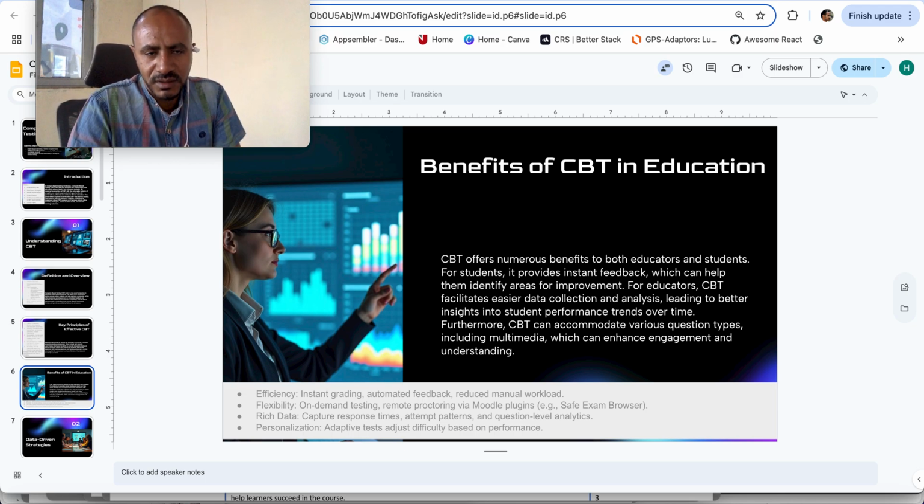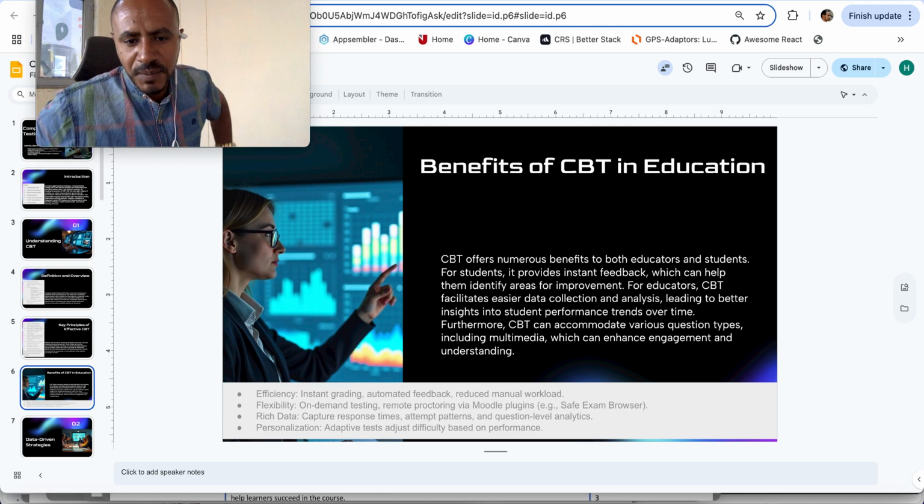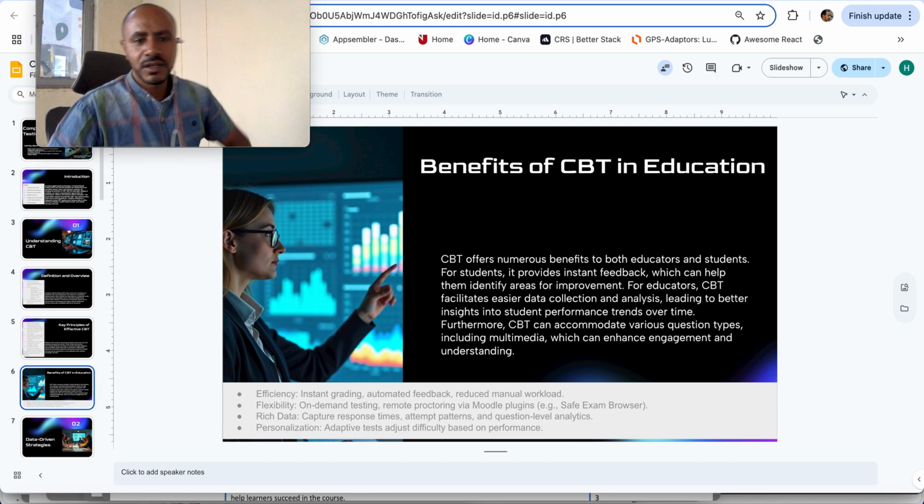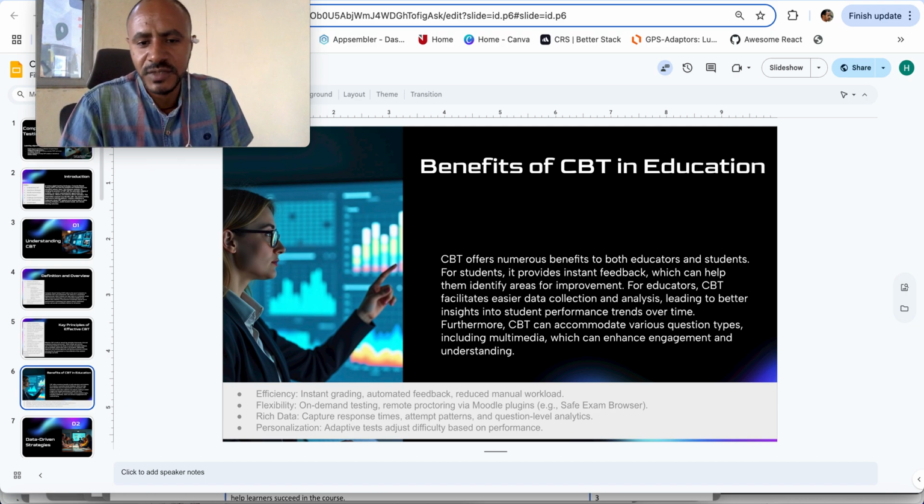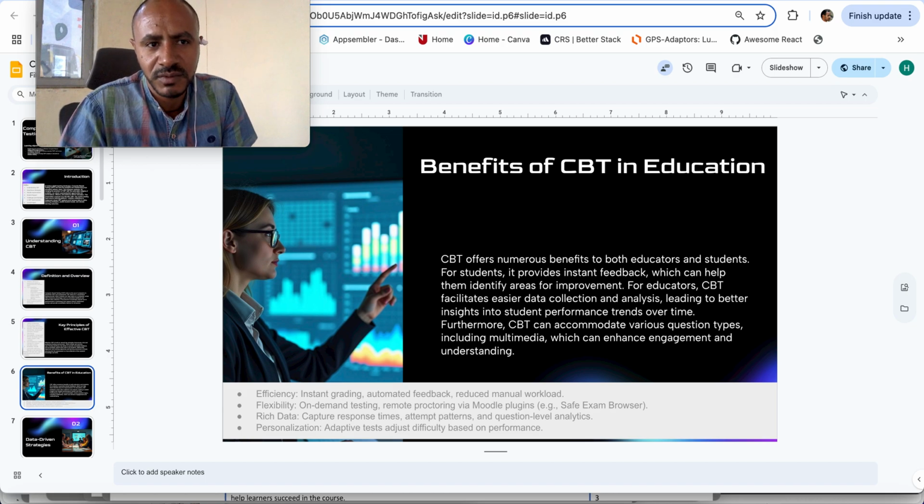Another benefit of running CBT is that we get rich data. We can look at attempt patterns, for example if students were accessing our exam from a different IP address, from a different location, or if there are attempts by a different exam taker other than the intended student.